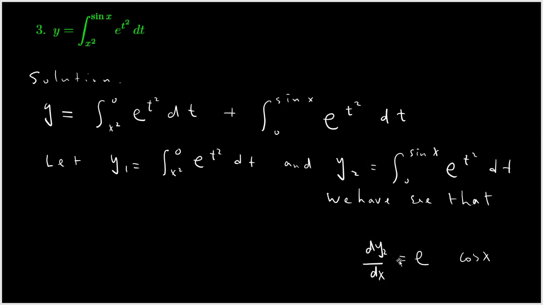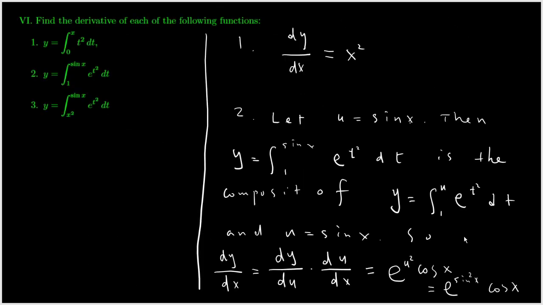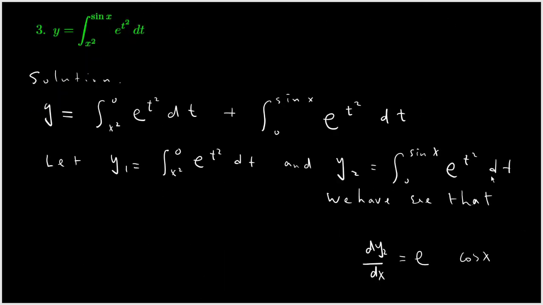Again, the notation here is the derivative of y2 with respect to x is e to the power of sine of x, the whole thing squared. We have seen that already.